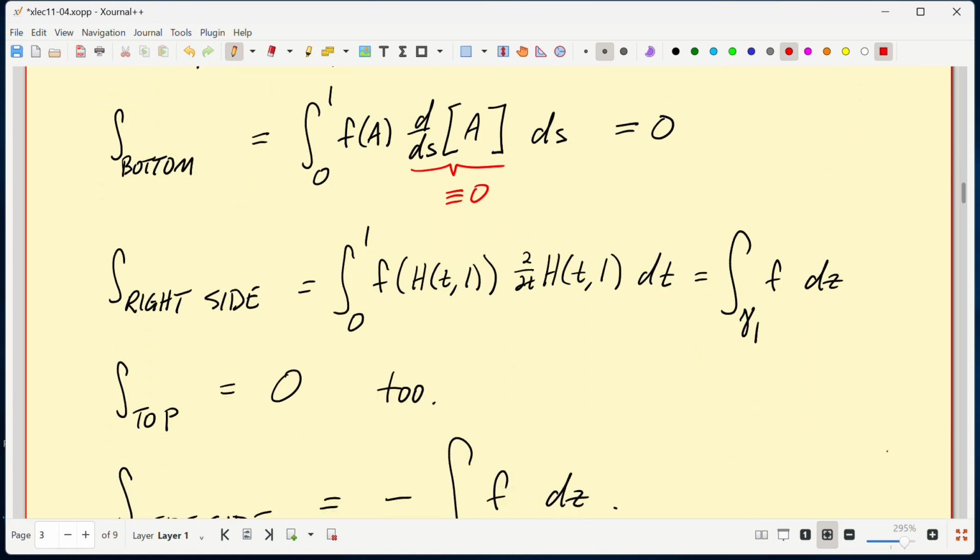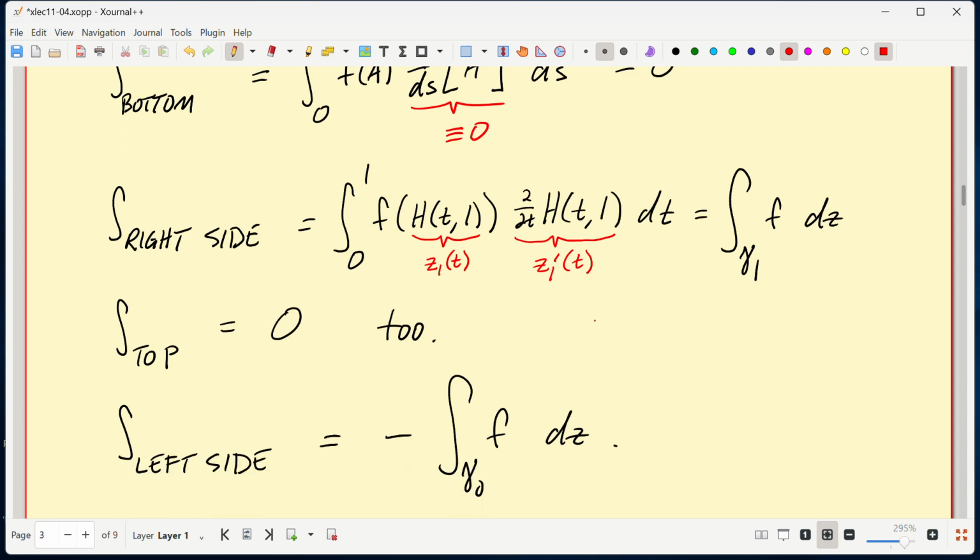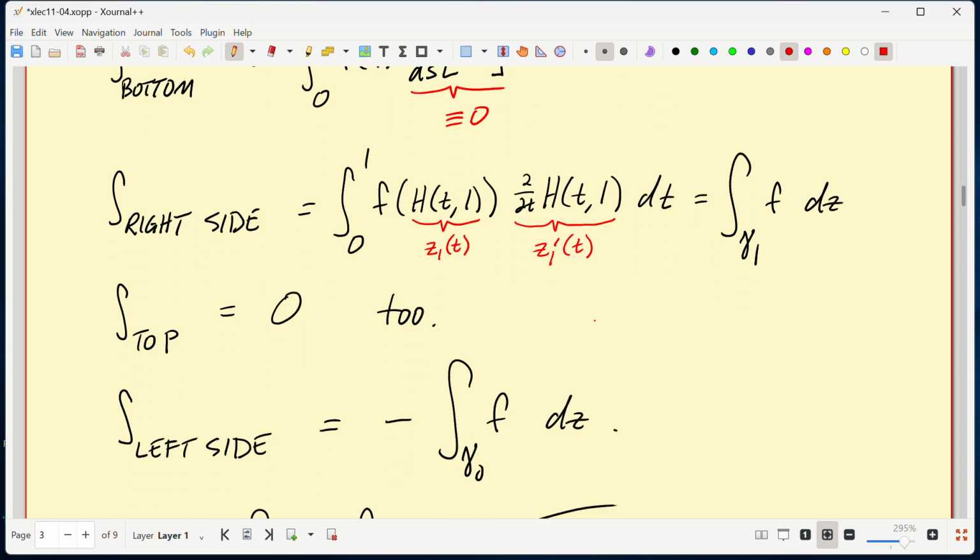The right side, remember, so that would be the parameterization, when s is equal to 1, this would be the z1 of t. And I'm writing this as a partial derivative because it's a two-variable thing, but this is z1 prime of t. So that's just the definition of the complex integral. That's the integral along gamma 1 of f dz. The top is 0 too, because that's a constant thing.